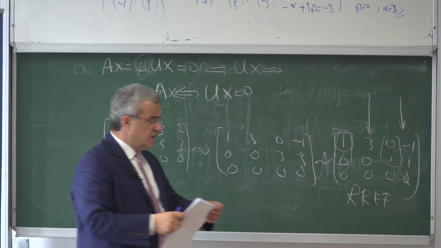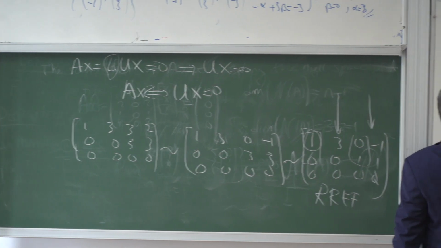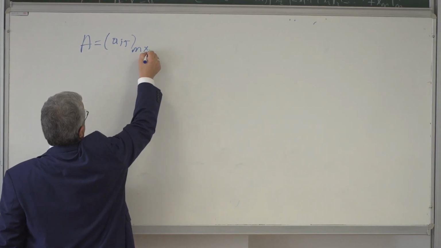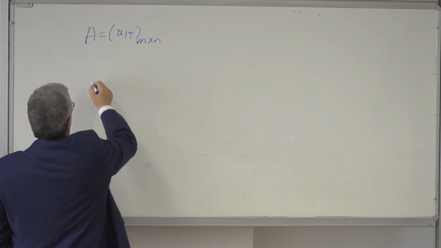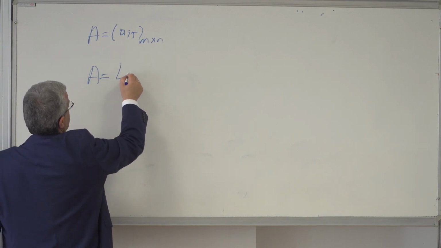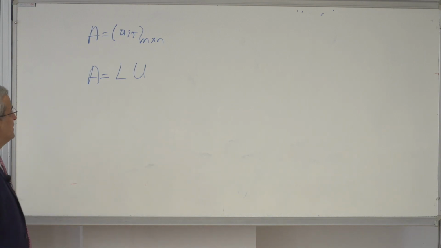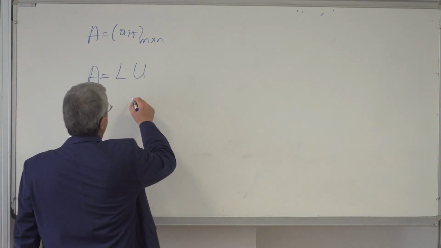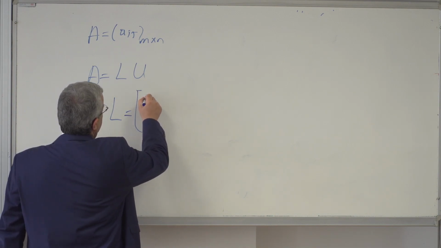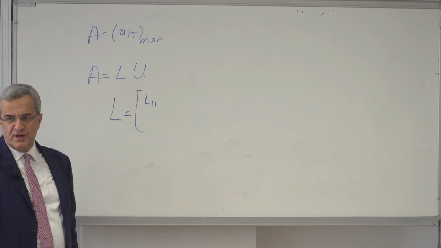Okay. In general, you have a matrix A with m rows and n columns. And this A, as we know, can be written as A equals LU. And this L has the form L11, 0, L21, L22, where L means lower triangular matrix.